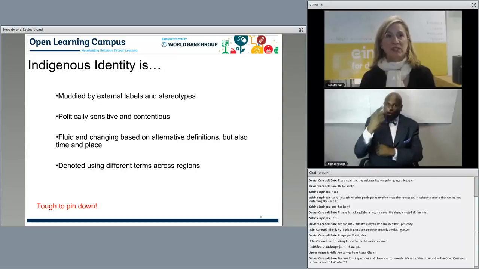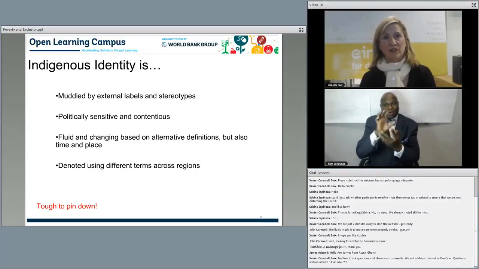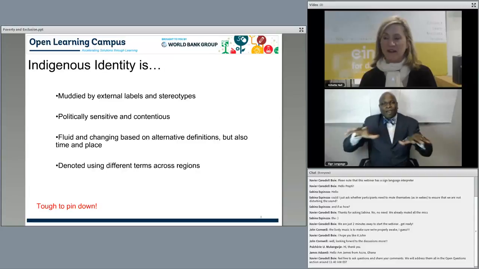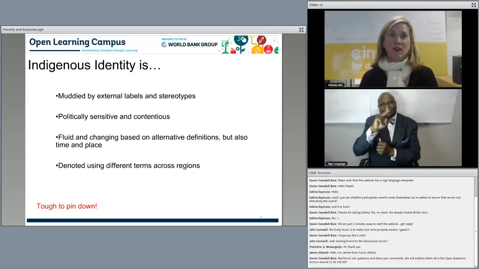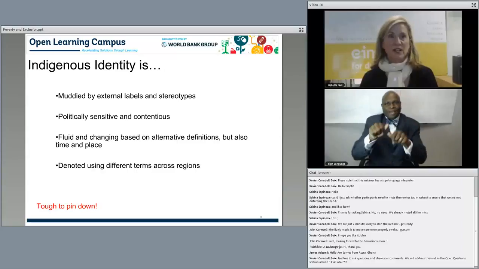Thirdly, it's changeable according to these alternative definitions. Some people take it as far as saying the abrogation of sovereignty treaties can be part of the definition of Indigenous. But it's also fluid and changeable over time and space. Two interesting examples here.